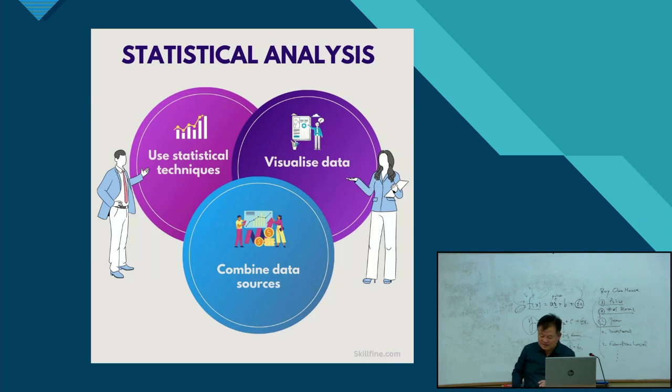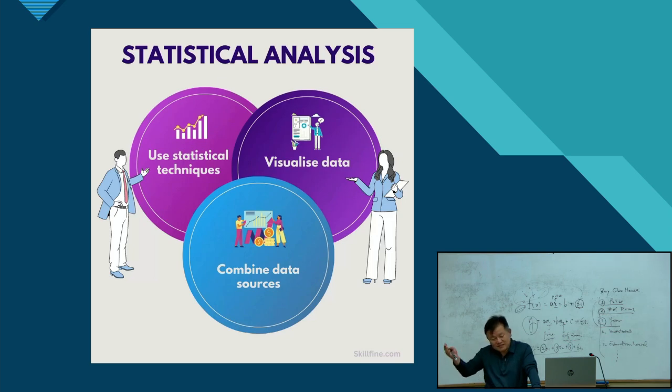What is statistical analysis? Statistical analysis involves planning data collection and determining trends. It is the science of collecting, exploring, and presenting large amounts of data to discover underlying patterns and trends.